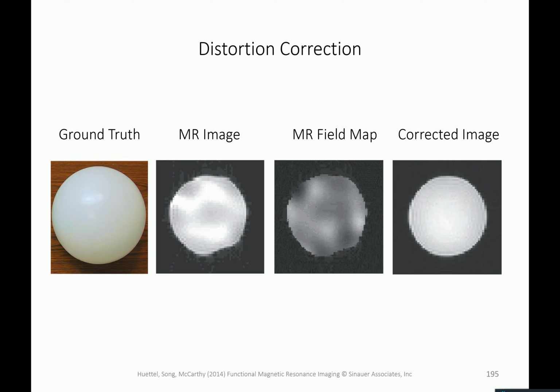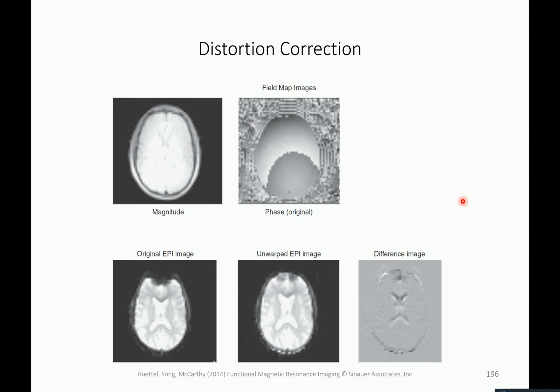This of course doesn't work only for phantoms, but it also works for EPI data. So here is an example for distortion that is actually resulting from an interaction between, what's this? Let me think. I'm not quite sure whether this was actually, that might be an artifact due to some metal implant here.